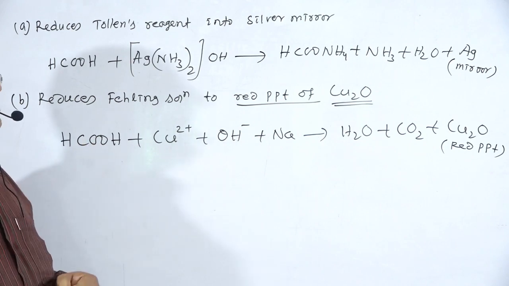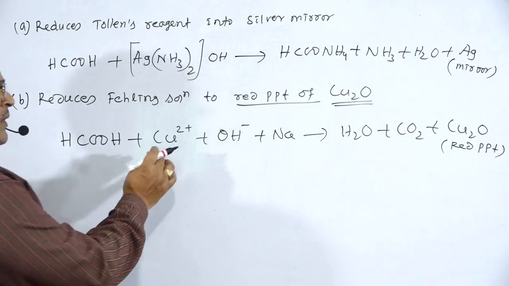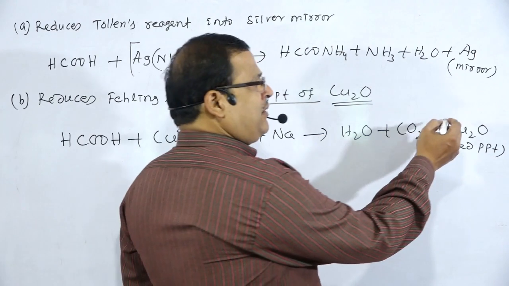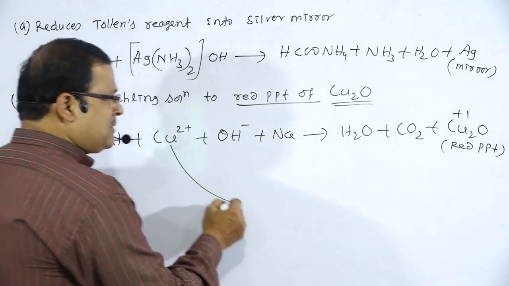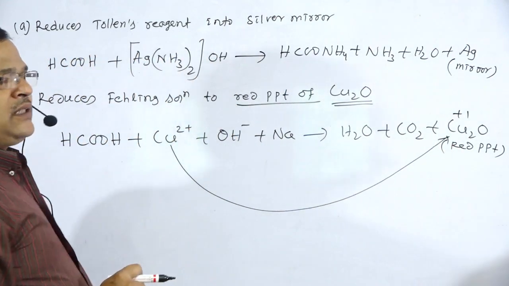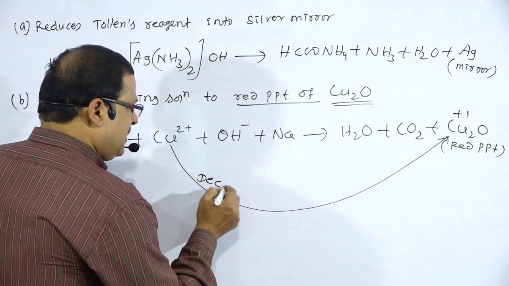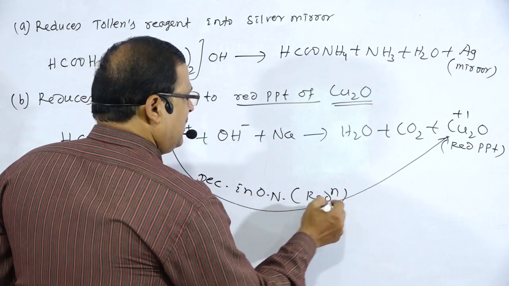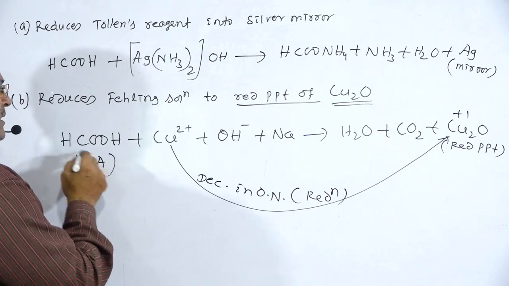How do we explain that reducing behavior? Cu2 plus has a plus 2 oxidation number, and in this case the copper has plus 1 oxidation number. The oxidation number of copper changes from plus 2 to plus 1; a decrease in oxidation number is known as reduction. Then which will act as the reducing agent? That is formic acid.